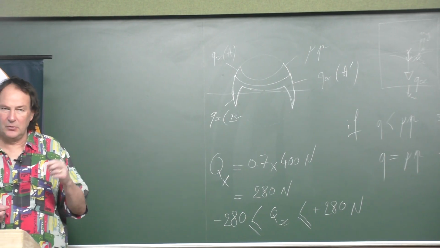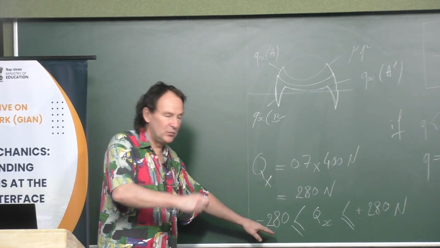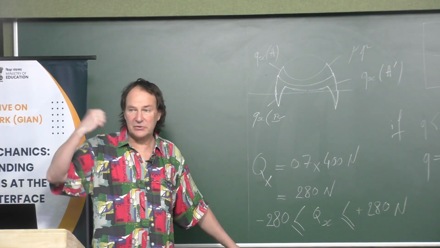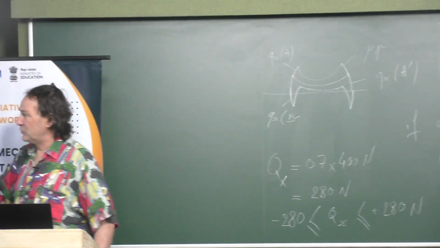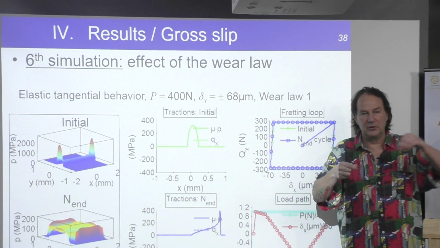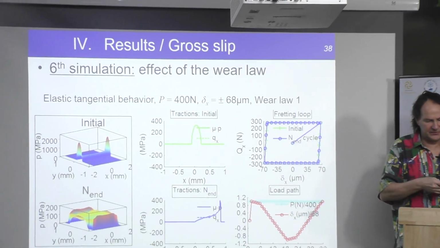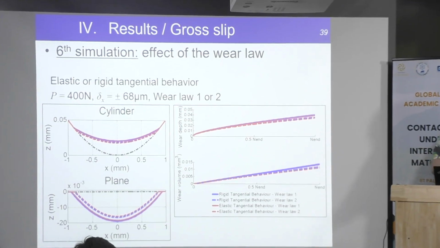And as you remember, if you impose a load which is equal to that, the body will move to infinity. Then to do the simulation, we did not do that. We just impose a tangential displacement. This way we are sure that the cylinder can move and does not go to infinity. Okay, then this is the effect of the wear law.